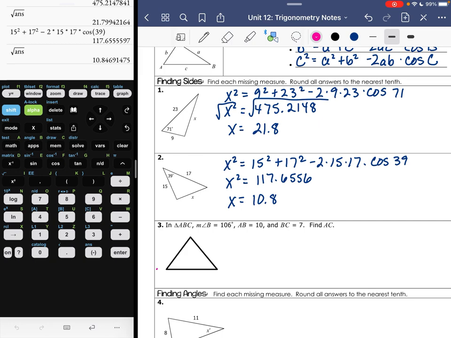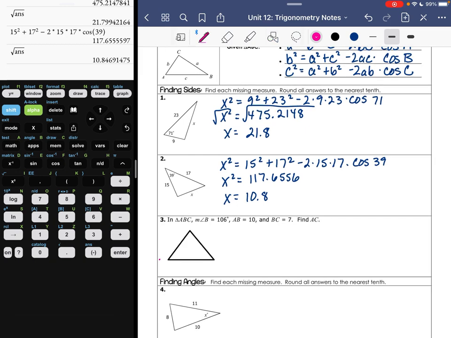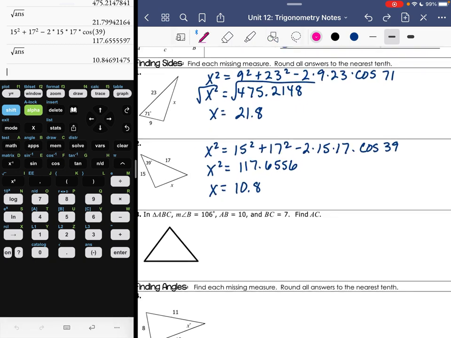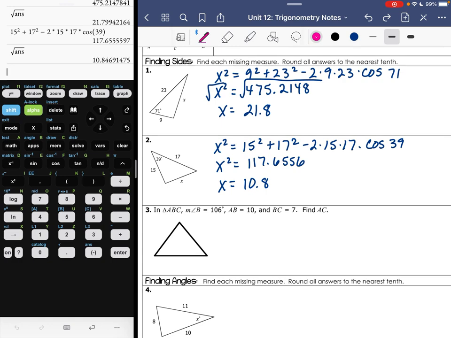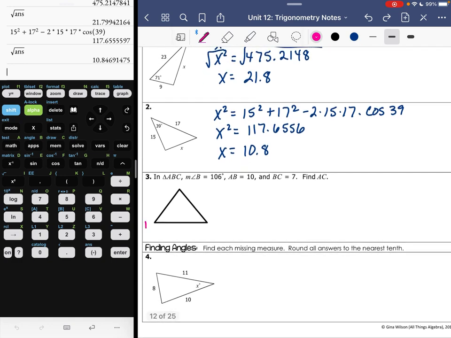So we've got A, B, C. And so we know angle B is 106. We know AB is 10, BC is 7, and we are trying to find AC.